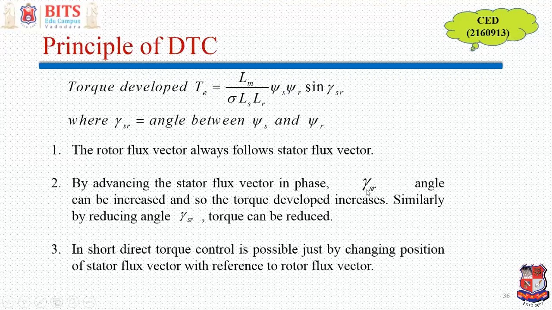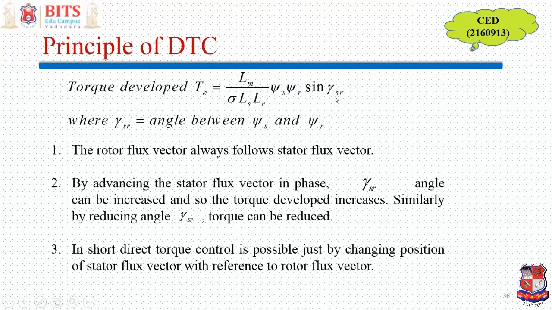If everything else is constant and this angle gamma increases, torque increases. Torque is proportional to sine gamma, and as you know, sine 90 degrees is maximum, sine 0 is 0. That means by increasing this angle, I can increase torque, and by decreasing this angle, I can decrease torque.